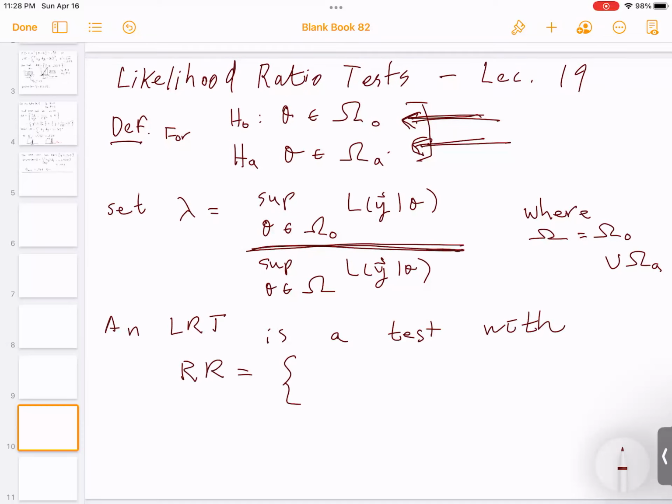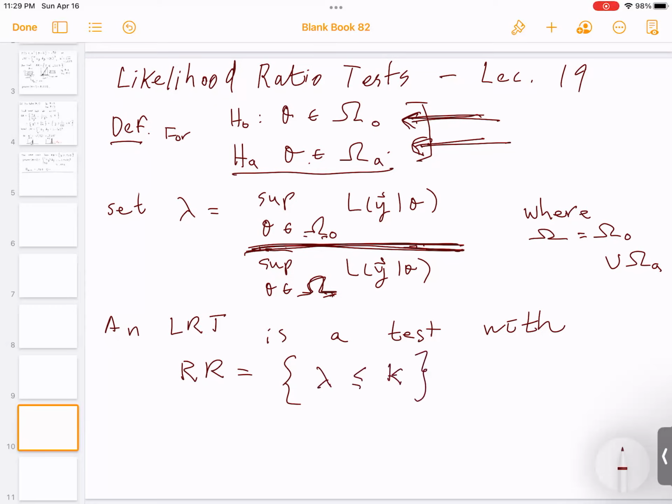Because if this quotient is small, then that implies that the likelihood is higher when theta is in omega A. You can see that the numerator can be no bigger than the denominator, since the denominator includes theta 0. So you get some number between 0 and 1. And if it's sufficiently close to 0, that means it's much more likely that theta is in omega A as compared to omega 0. So we want here lambda less than or equal to K. It doesn't matter.